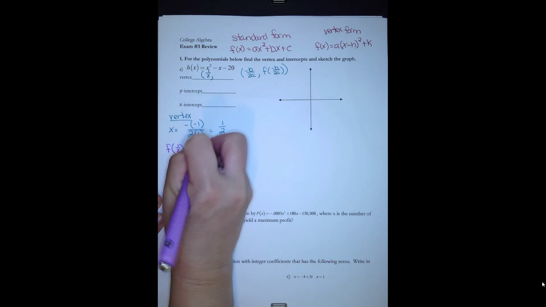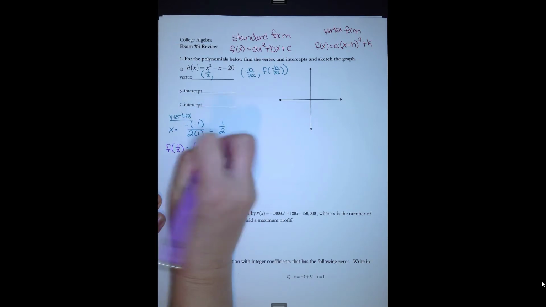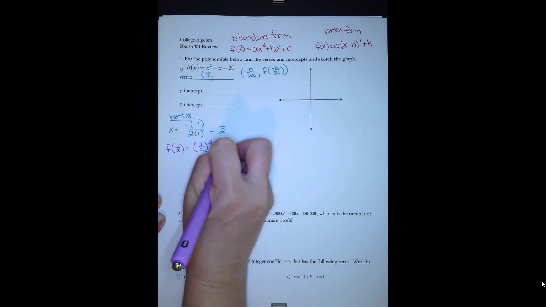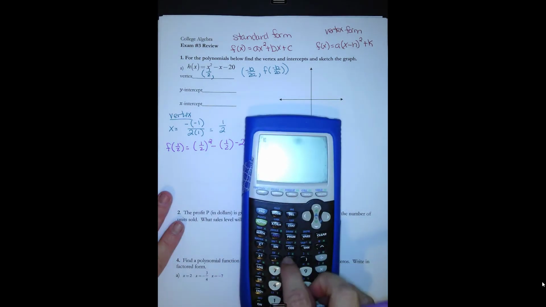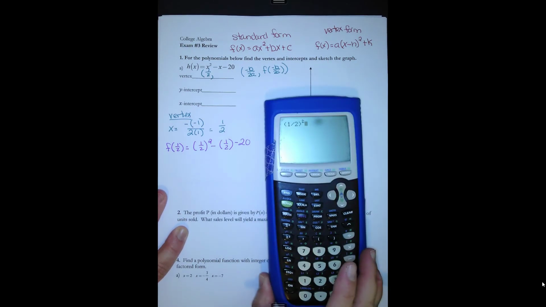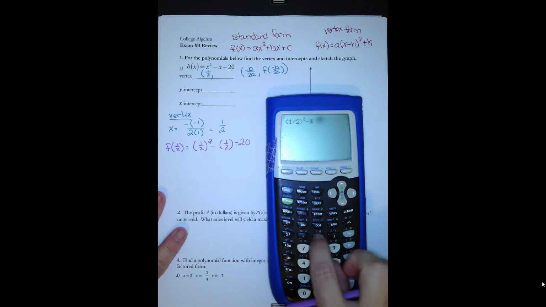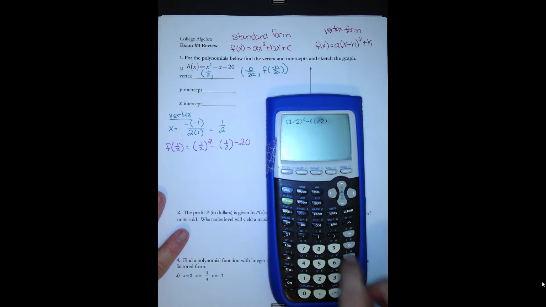So that would be 1/2 squared minus 1/2 minus 20. I'm going to take our calculator and just plug that in. So 1 divided by 2 quantity squared, minus 1 divided by 2, minus 20.